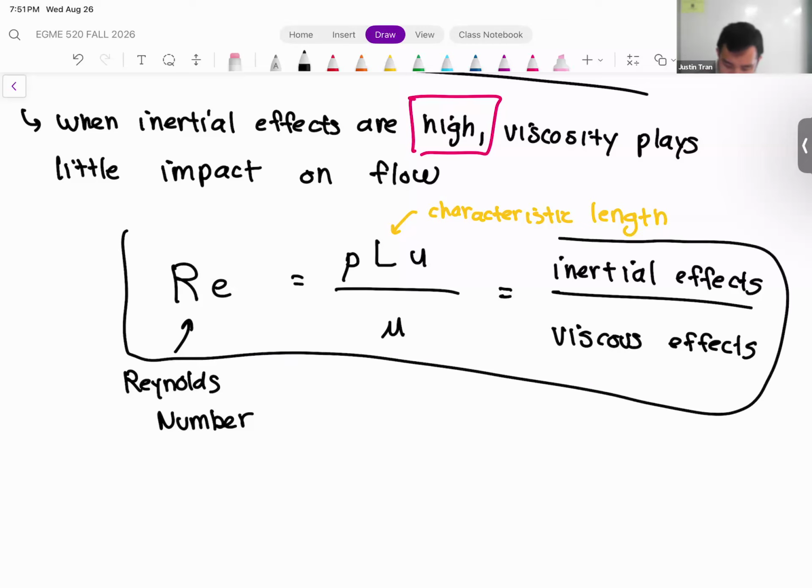So Reynolds number, just like every non-dimensional number in fluids, represents a ratio of two competing factors within the fluid itself. And so if we go back to the original question that I posed at the beginning of the section, when are viscous effects important? They're going to be important in situations when the denominator of the Reynolds number is large.